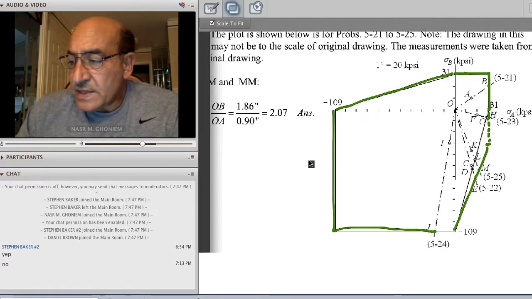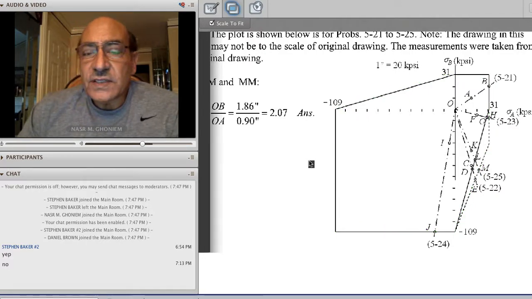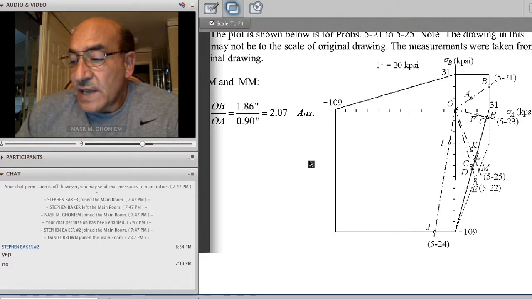So these are the first determination of the boundary, which is the failure surface, not the yield surface. And then depending on the problem, you have coordinates of points A, F, K, C.